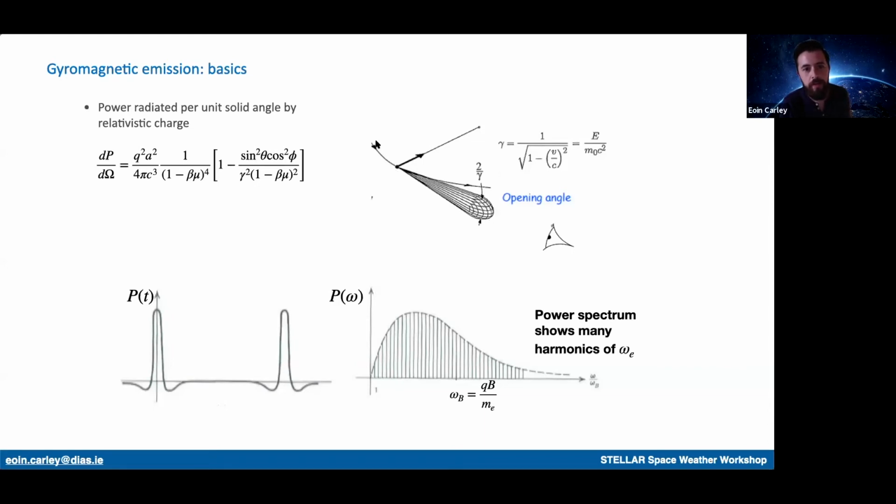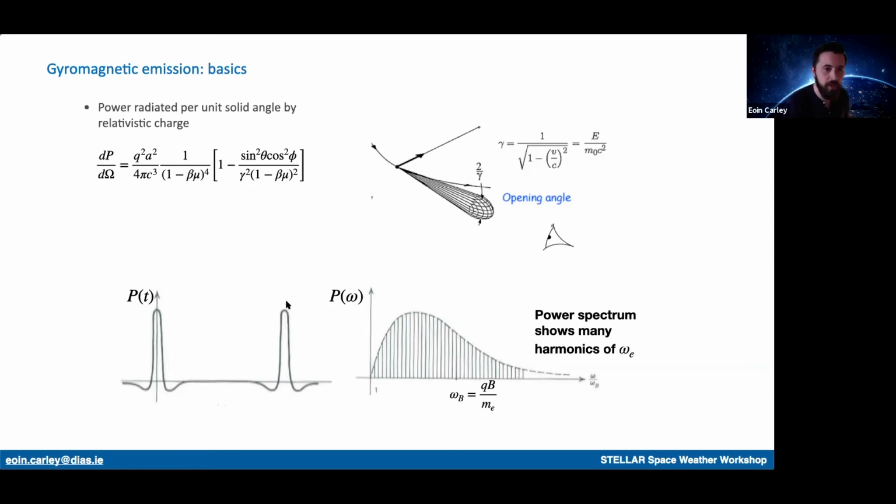And the beaming, in fact, the opening angle of the beam, is given by 2 over the Lorentz factor. So if you were observing this single relativistic electron, you would see all the power on one side of its orbit, and then as it swung around again, you would see none. In fact, the power with respect to time would just look like this. You would see a lot of power here, and then no power, and then a lot of power again.